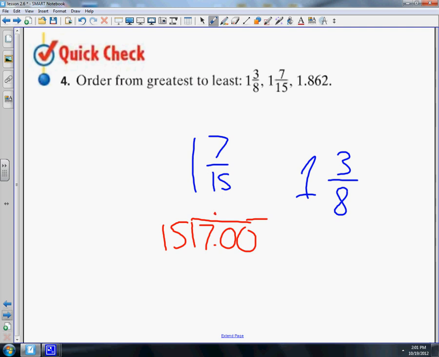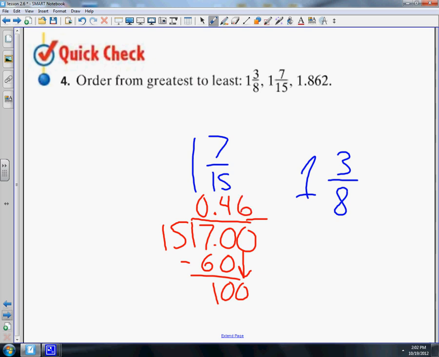So we know 15 doesn't go into 7 evenly, so we'll throw a 0 up there. But 15 does go into 70 4 times. 4 times 15 would be 60. Do the subtraction, bring down the 0. Then 15 goes into 100 6 times.